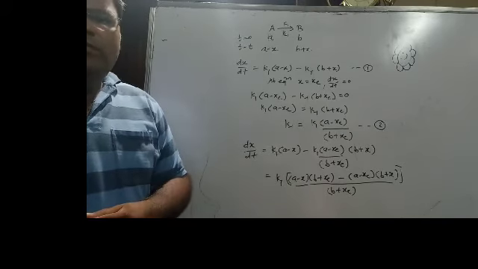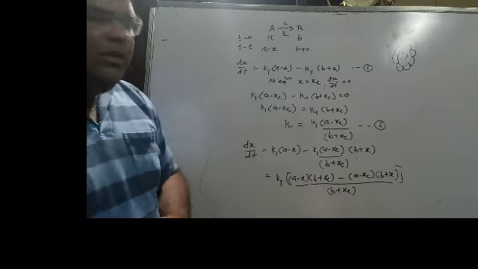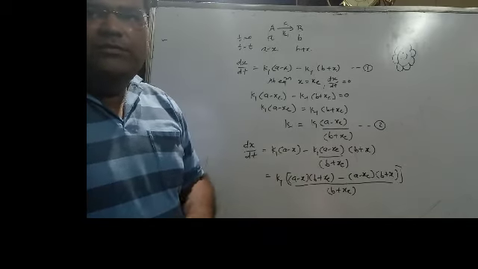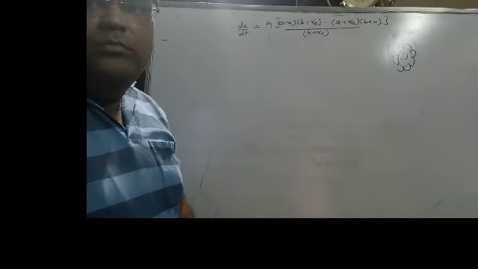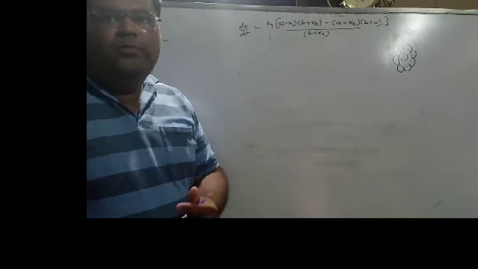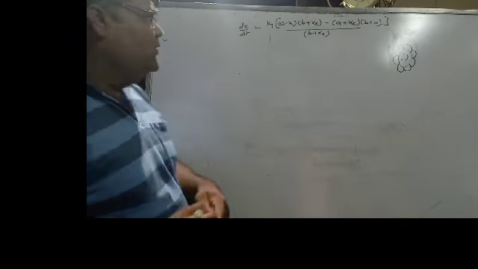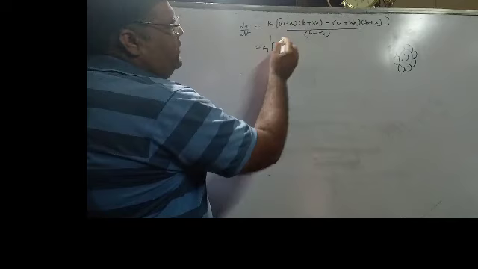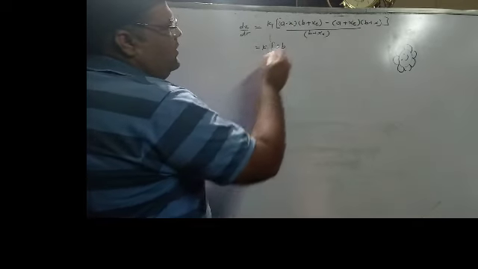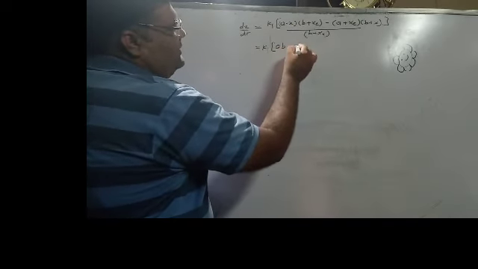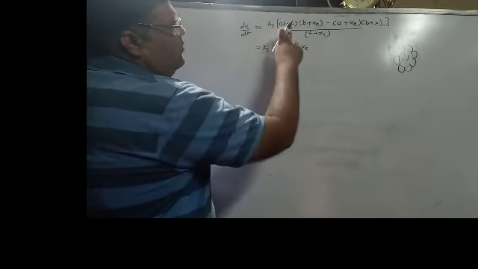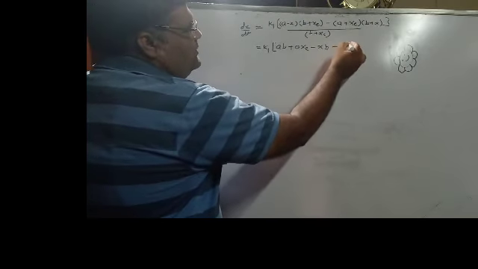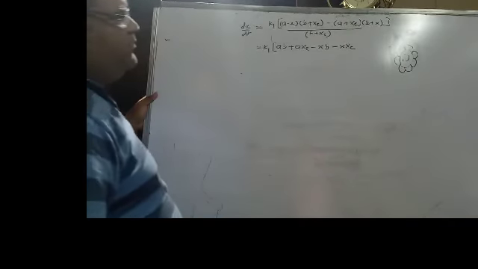Now further rearrangement of this equation, we will do some rearrangement, basic mathematics we are applying. So now multiplying these values, K1 will be common factor, so we will get ab plus a xe minus xb minus x xe.